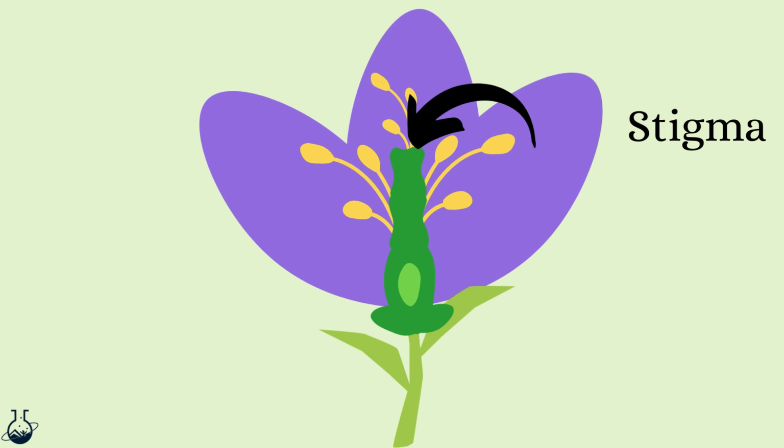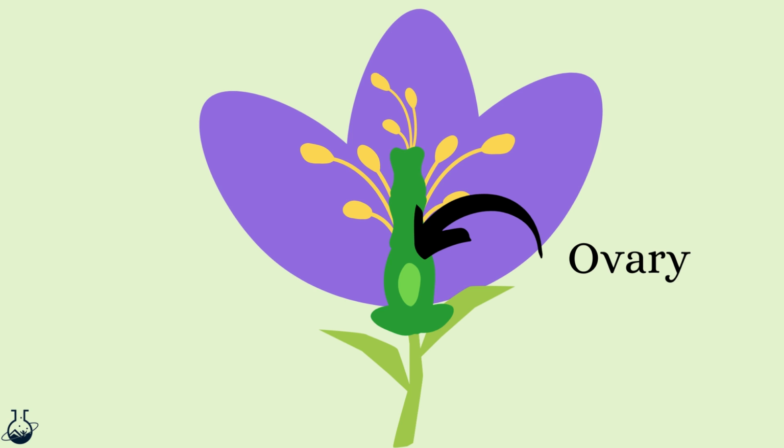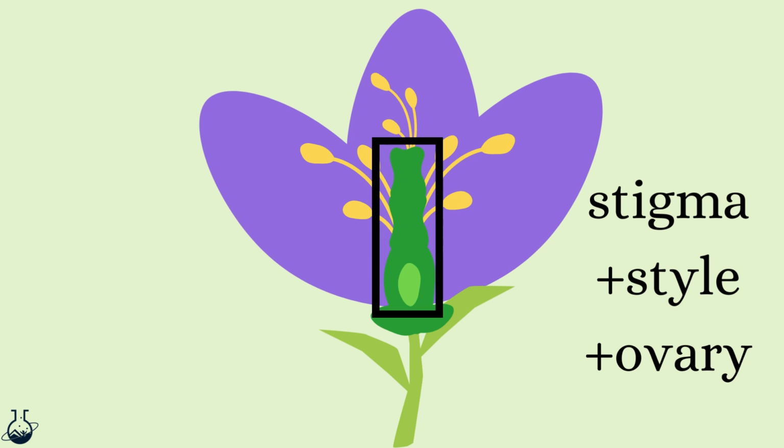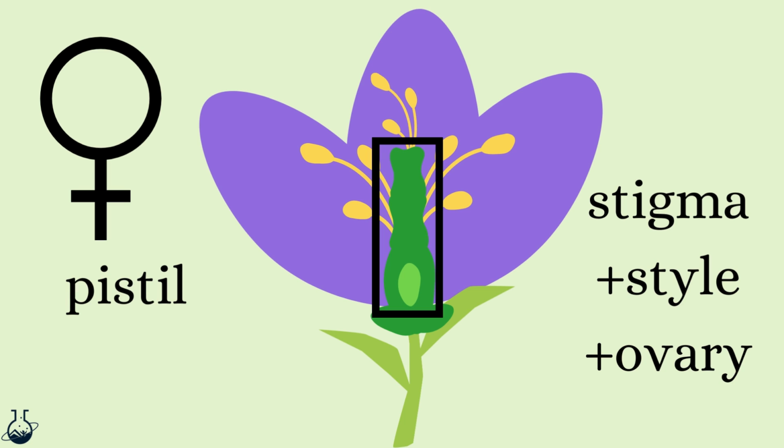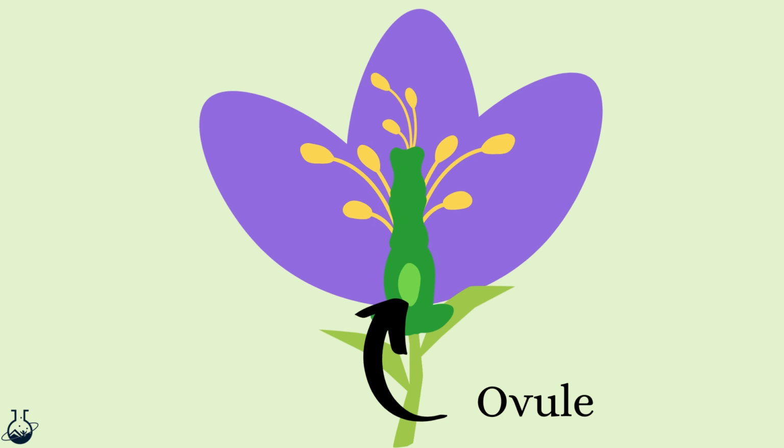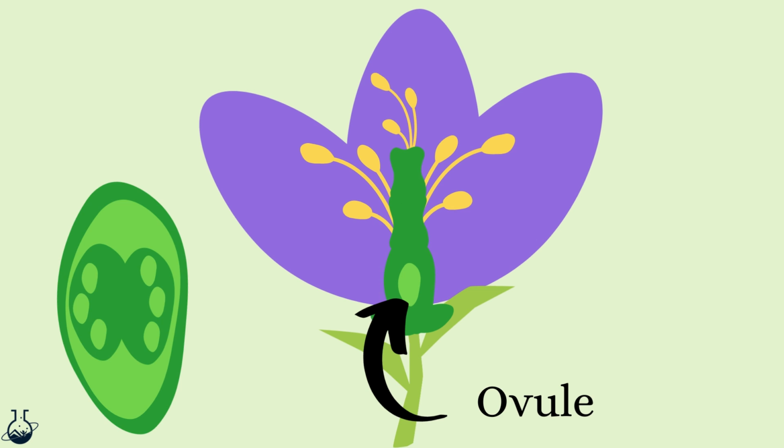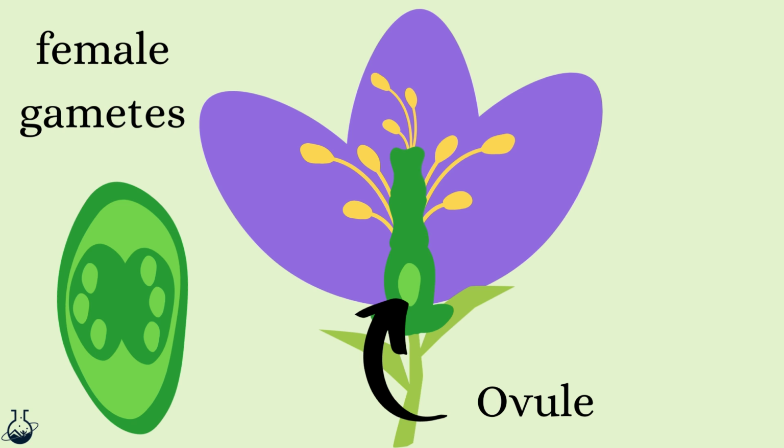In the middle section at the top is the stigma, connected to the style, where at the bottom you will find the ovary. The stigma, style, and ovary is known as the pistil, the female reproductive organ. Upon closer inspection of the ovary is the ovule, where inside the ovule you will find other small structures, which are the female gametes of the plant, the egg cells.